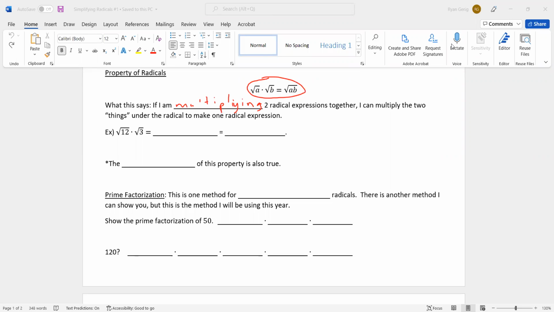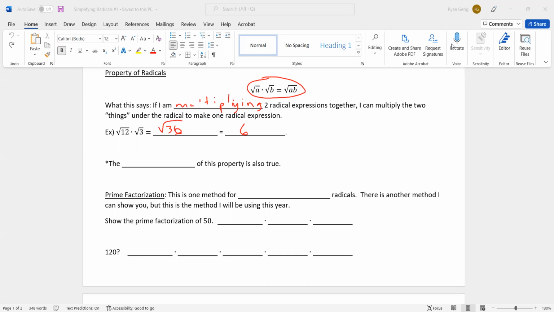Basic example of that is right there. Square root of 12 times the square root of 3. I can put 12 and 3 together and multiply them to get 36, which helps me because what's the square root of 36? A lot of you know that. It is 6.